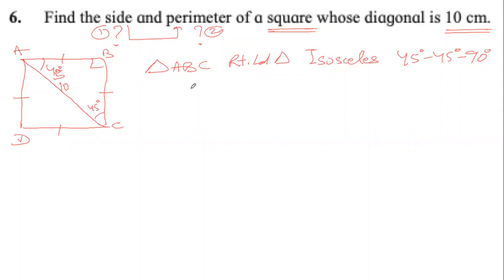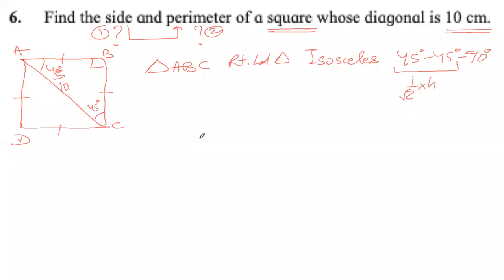So we have already said that the triangle ABC is not just any triangle. It's a right angle triangle. It is an isosceles right angle triangle, and that is why it is a special triangle of 45, 45, 90 degree angles. We know when this happens, the sides are of length 1 by root 2 into hypotenuse.